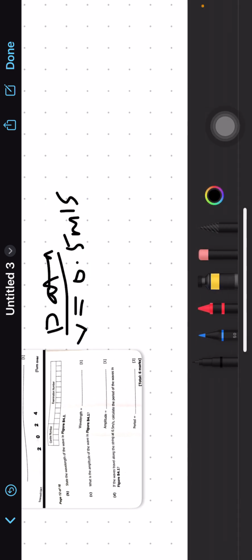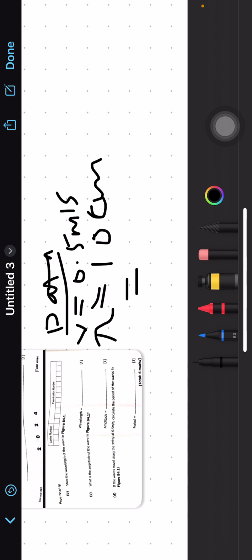After writing that, let's also find something else that we've been given. We also have the wavelength, which is represented by lambda. So we calculated the wavelength to be 10 centimeters. This wavelength is going to be converted into meters. Why? Because the speed that we've been given is in meters per second.